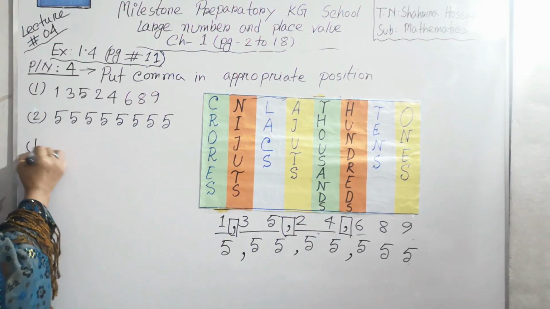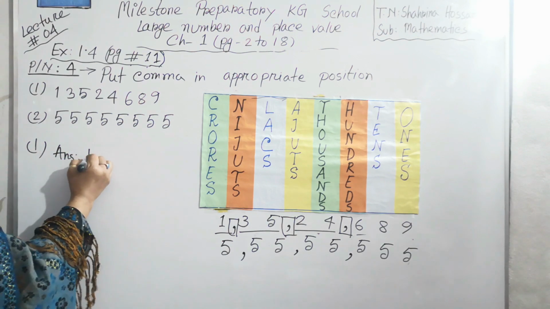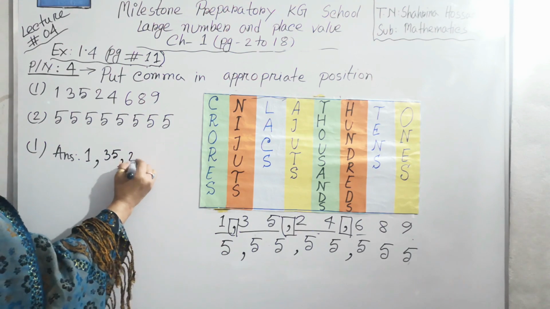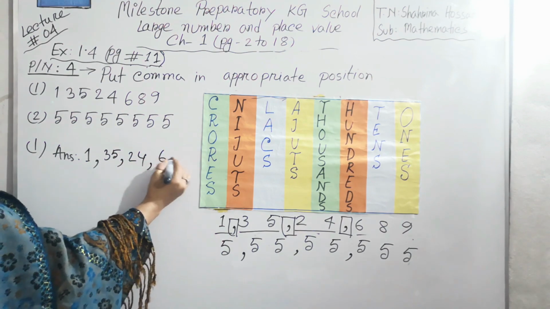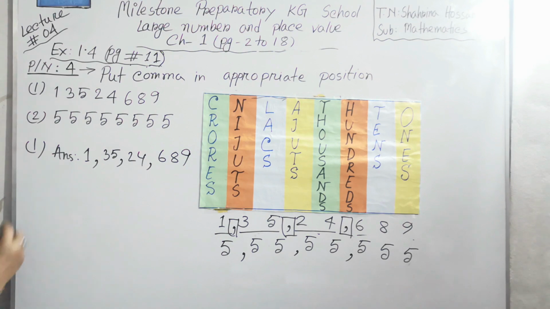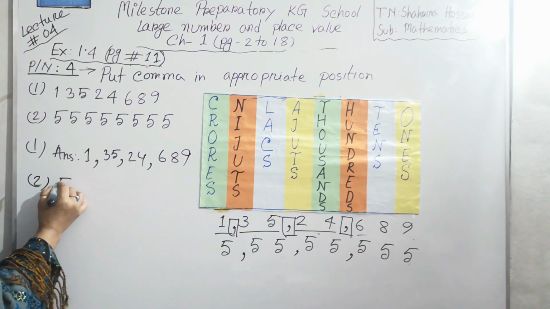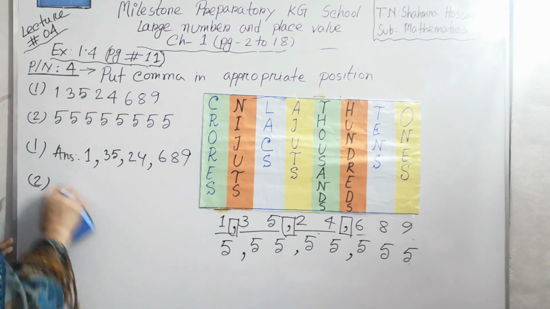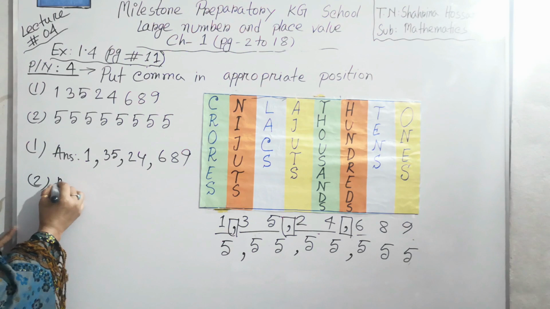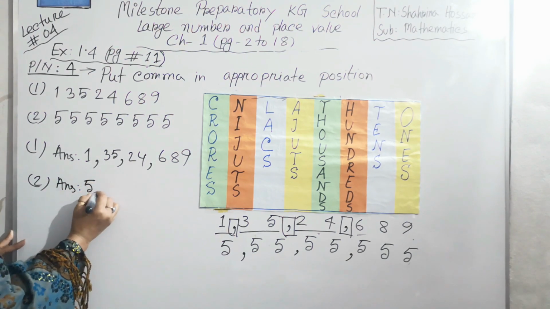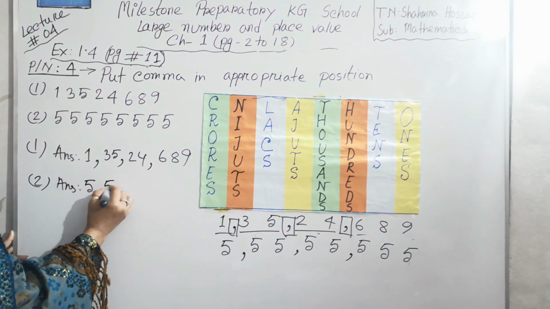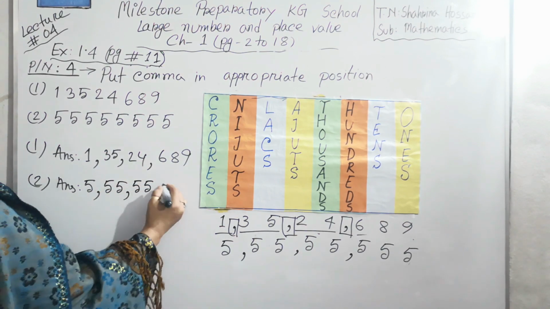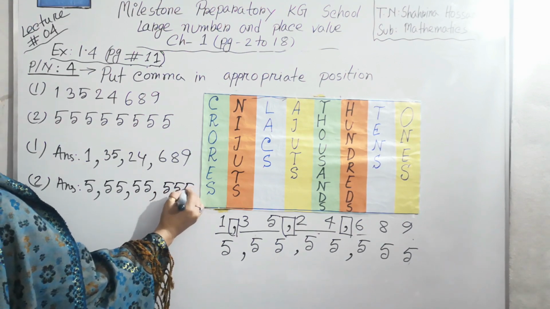So we can write the answer. Number 1 answer is 1 crore 35 lakh 24,689. Then the second answer: 5 crore 55 lakh 55,000 then 550.